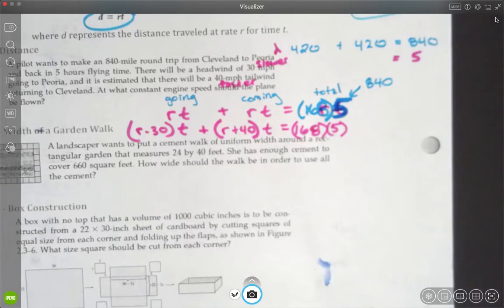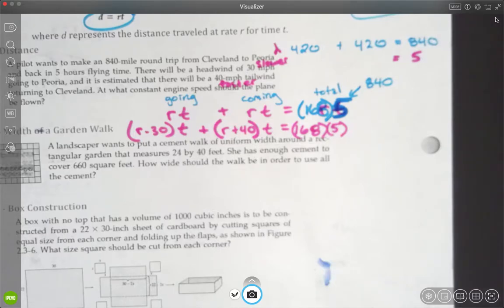Now, here's the problem with the way that we have this going right now. We have two variables still. We have rate and we have time. Well, we got the 5 hours flying. So what can we do to plug in things to get rid of one and only have one variable?